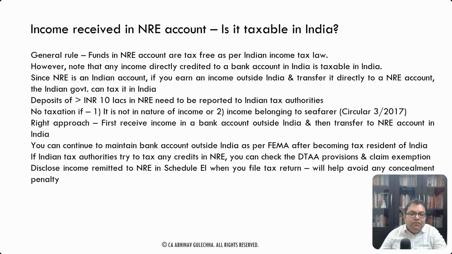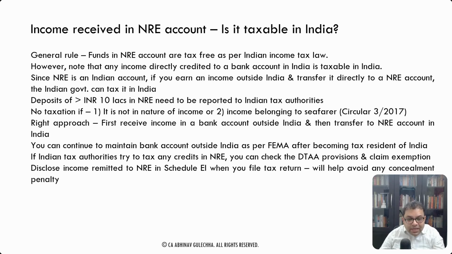For example, they may want to levy a penalty on you that you did not inform us that the income was directly credited in an Indian bank account and you should have paid tax. The assessing officer will not be able to levy a concealment penalty because you have at least declared that income in Schedule EI.